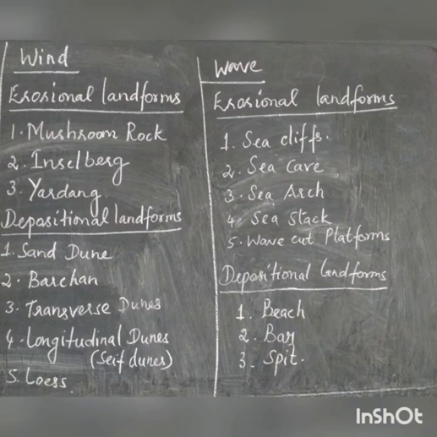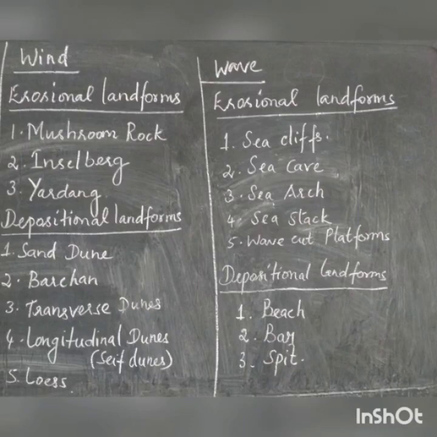Mushroom rocks are made up of hard and soft layers. So the rock's bottom is soft. The sand-laden winds blow against it and wear it down. So by this wearing down action of the winds, the bottom gets eroded away to form a mushroom-like structure that is called mushroom rock or otherwise pedestal rock.